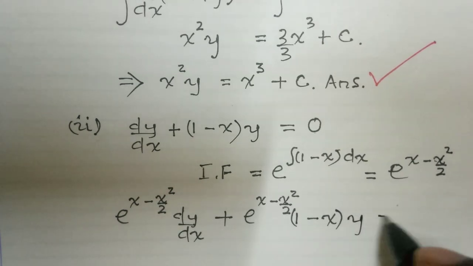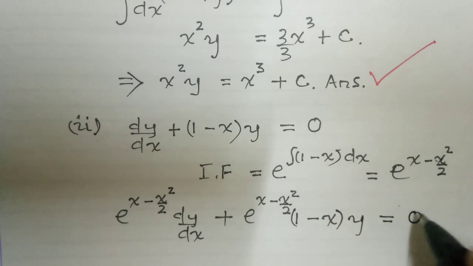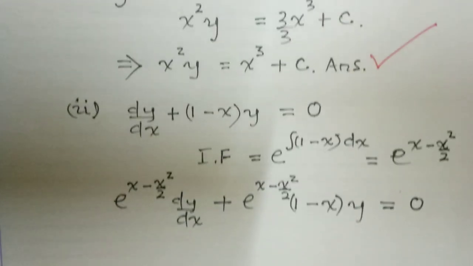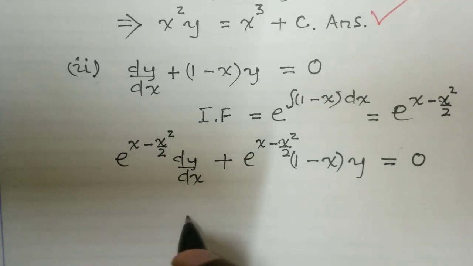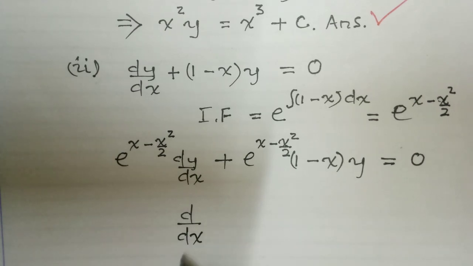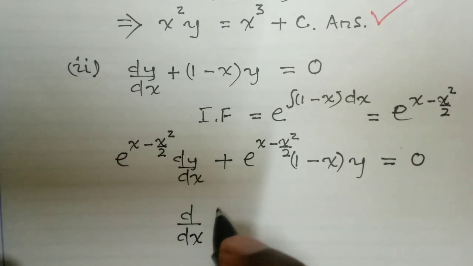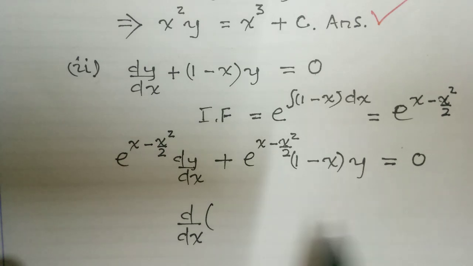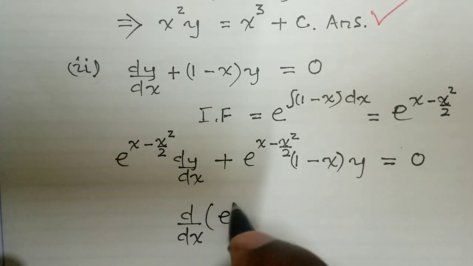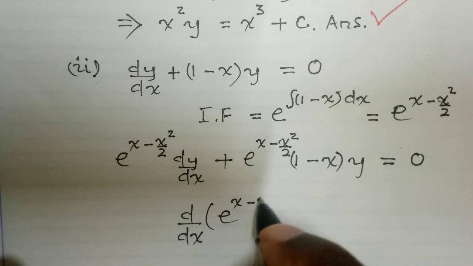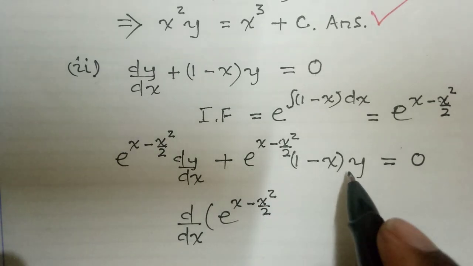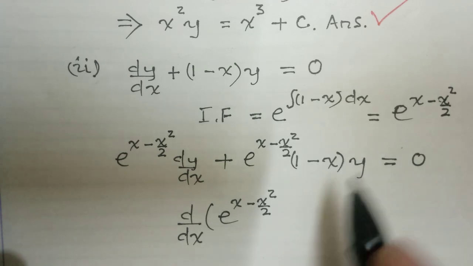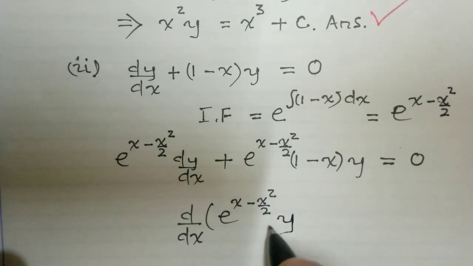This is going to be equal to 0, because when you multiply anything with 0, it will remain 0. So on our left side we are going to have d over dx, because now it has become an exact equation, of the integrating factor, e raised to x minus x squared all over 2, times y.